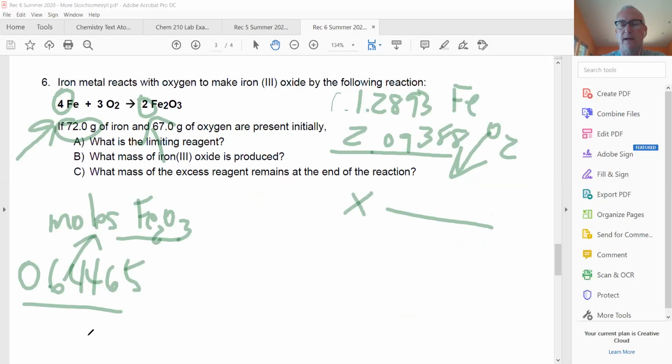Yeah, always put the units. That helps me. So yeah, 2 Fe2O3 over 3 O2. Yes, because then I cancel O2. If I have the units in there, then I know what I've calculated is probably going to be correct. So my O2 cancels, I'm left with Fe2O3. So how many moles is that?